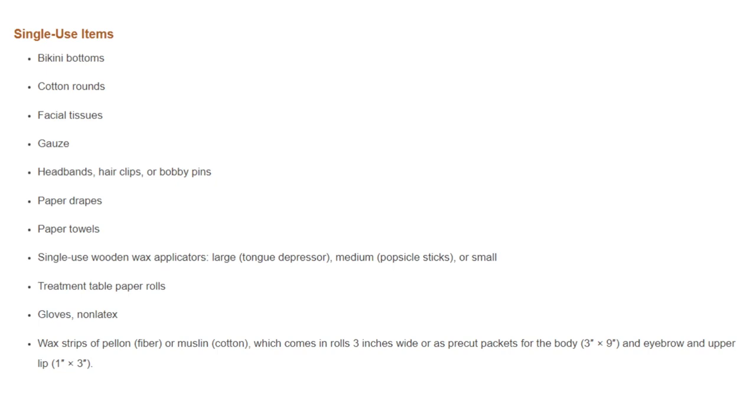Single-use items. Bikini bottoms. Cotton rounds. Facial tissues. Gauze. Headbands, hair clips, or bobby pins. Paper drapes. Paper towels. Single-use wooden wax applicators, large, tongue depressor, medium, popsicle sticks, or small.